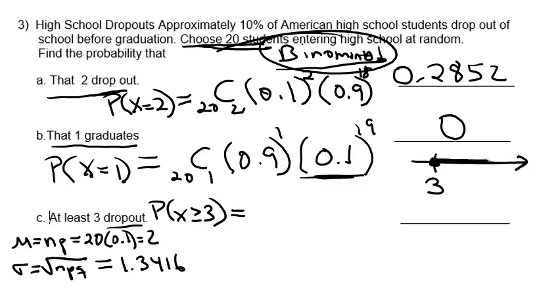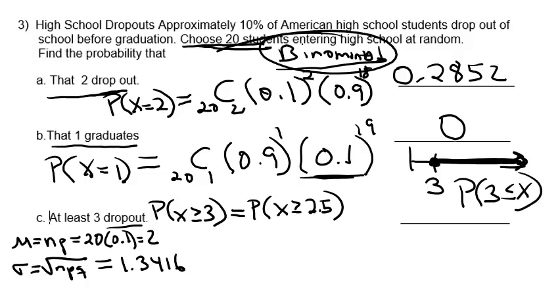So if I'm going this way and I want to include 3, I'm going to start at 2.5. So it's the probability that x is greater than or equal to 2.5. Now again, I personally like to switch to a less than or equal to sign, but that's what I normally do myself.